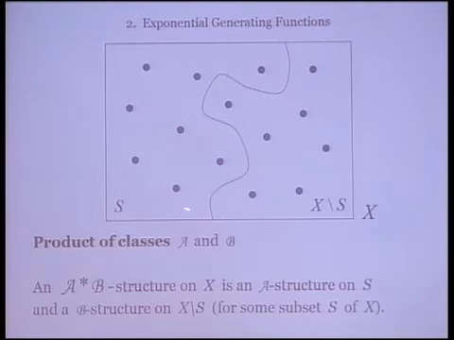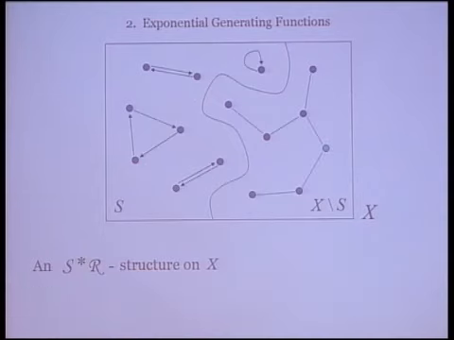Product of classes is a bit more intuitive. What you do is you arbitrarily partition the set X into two pieces, and you put an A-type structure on one side and a B-type structure on the other side. So here's a structure in the class S times R. It's a permutation on one side and a rooted tree on the other side. And this boundary can go anywhere.